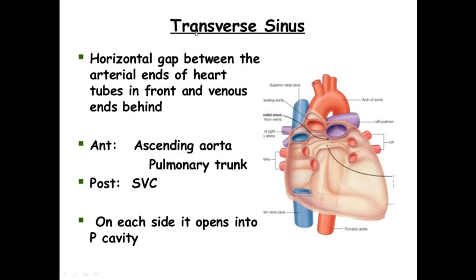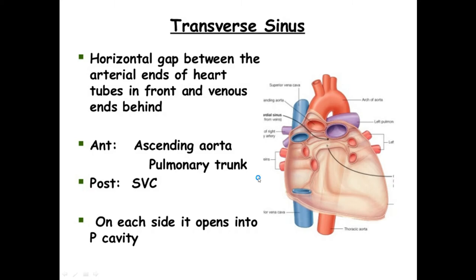Transverse sinus, what are the features of transverse sinus? Anteriorly is the ascending aorta and the pulmonary trunk, and posteriorly is the superior vena cava. So, this means that there is a gap between arterial end and the venous end. Arterial end is present anteriorly, venous end is present posteriorly.